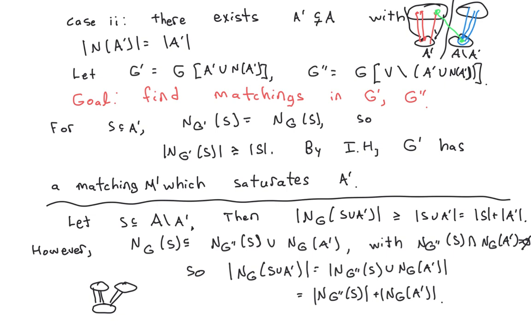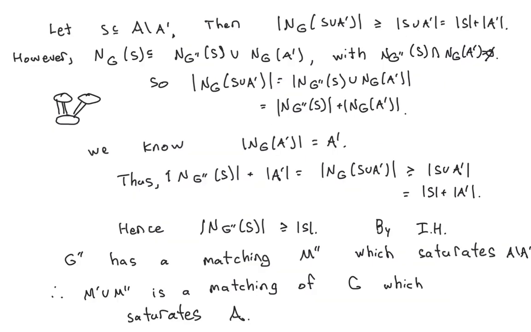The thing we note is that based on how we defined our graphs, these two subsets are disjoint, so the size of the union is the sum of the individual sets. So this is just summarizing what we have so far. We've calculated the size of this neighborhood of S union A prime two different ways.